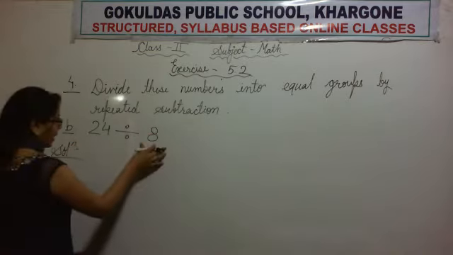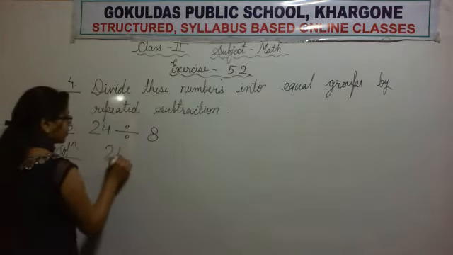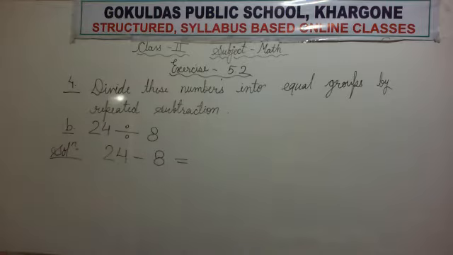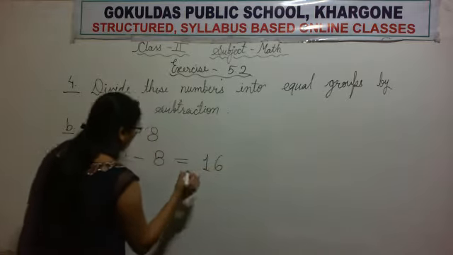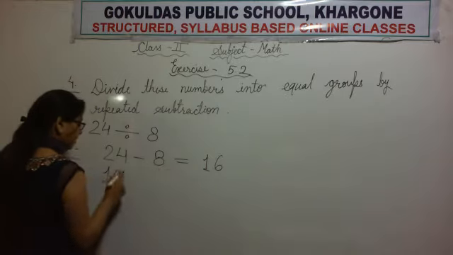We'll subtract 8 repeatedly from 24. So 24 minus 8 is equals to, all of you subtract 8 from 24. Yes, take your time. Very good. Now we'll subtract 8 from this answer, which is 16.